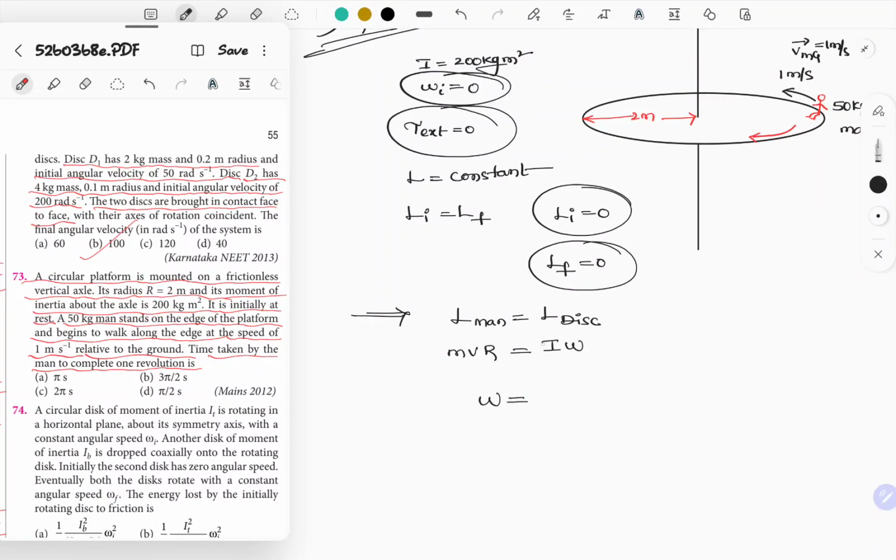Omega is equal to mass of the man 50, velocity 1, radius 2, divided by moment of inertia of the system 200. 50 ones are 50, 50 twos are 100, so the answer is going to be 1 by 2 radian per second. This is going to be the angular velocity of the disk.